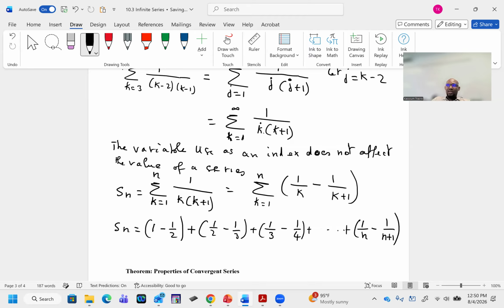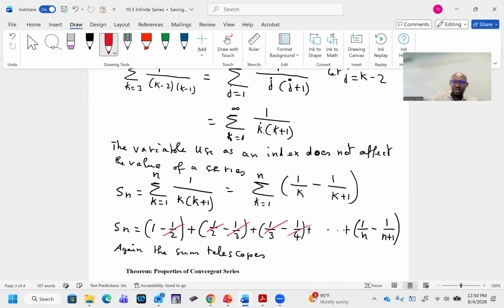So again, the sum telescopes, right? So you can see why, because look, this and this will cancel out. This and this will cancel out.